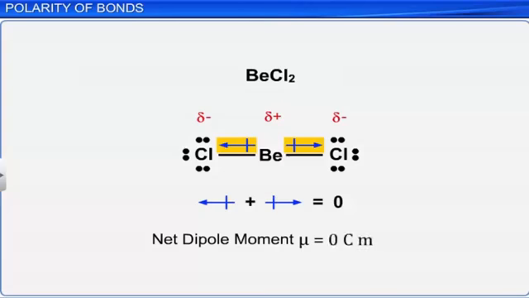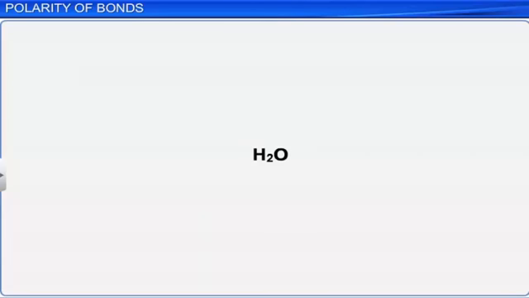Let us take another example, a water molecule. In a water molecule, there are two oxygen-hydrogen bonds. It is angular in shape with a bond angle of 104.5 degrees. Oxygen being more electronegative, the shared electron pair between oxygen and hydrogen stands very close to the oxygen atom.